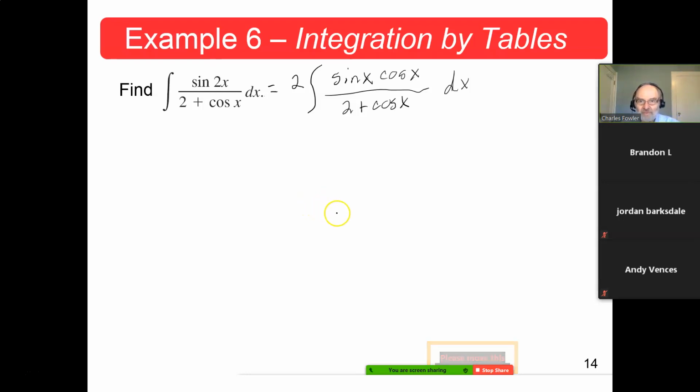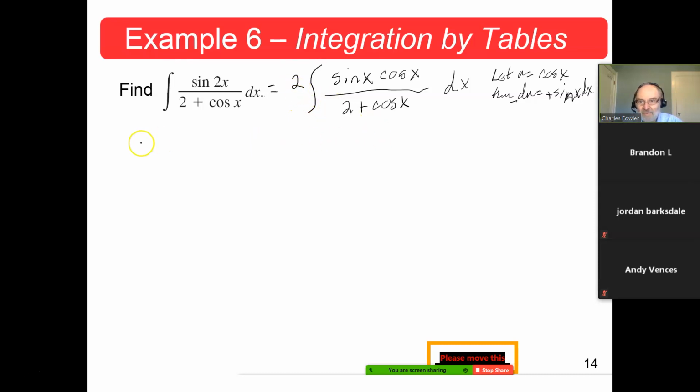So what we're going to do is, I believe they were using u. Yeah. Let u equal cosine x. Then du is equal to minus sine x dx. So there it is. We don't want a minus, so let's make that a plus and this a minus.